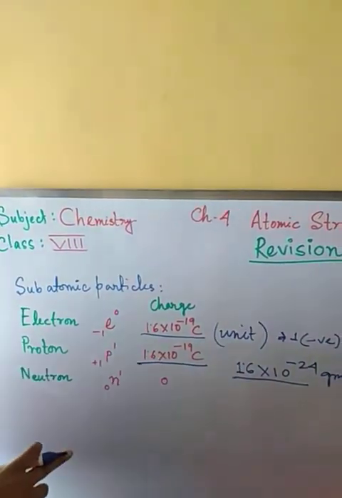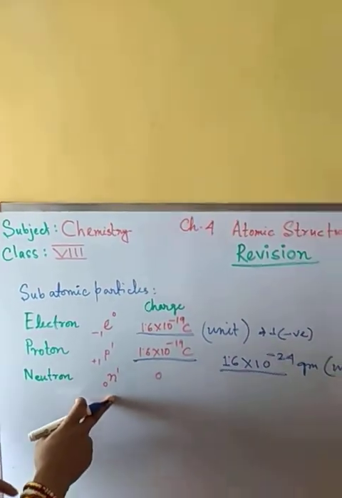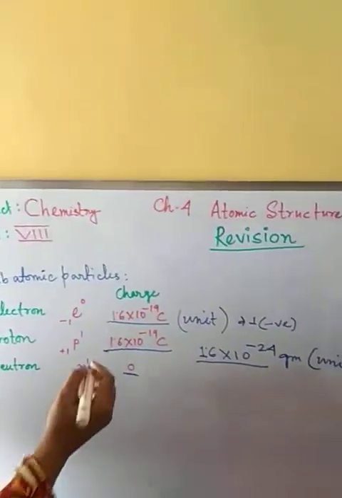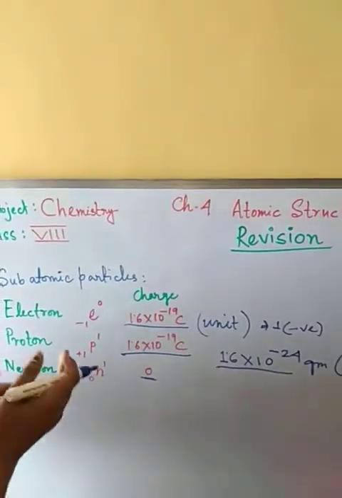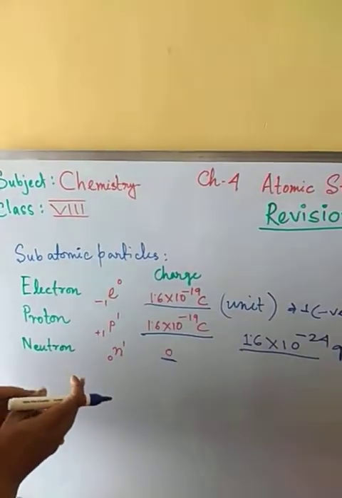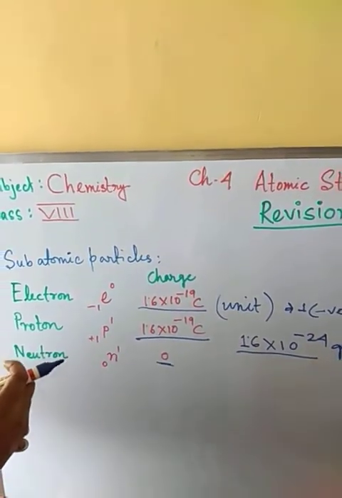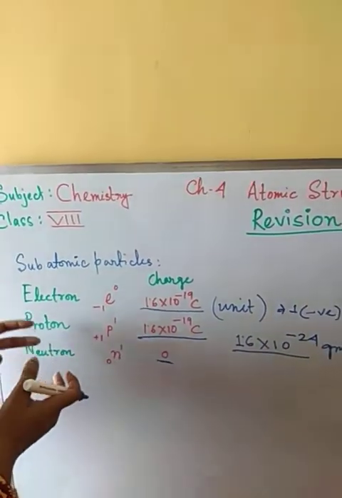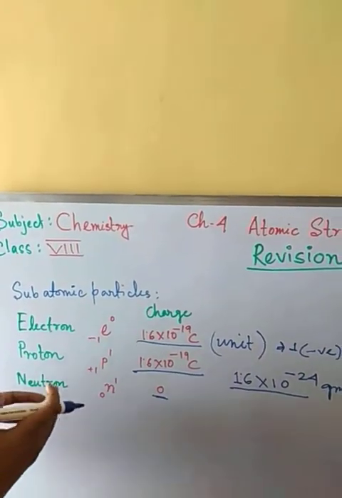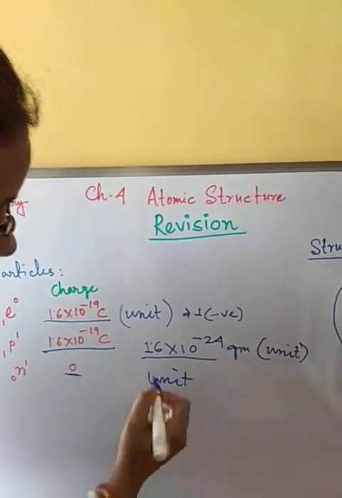Okay, next we have one more particle, that is neutron, which is neutral. It's not having any charge, so charge is 0, but it's having 1 unit of mass, and this mass is slightly more than that of the proton. But the difference between the mass of proton and neutron is very less, so the mass of neutron also we will take as unit mass.